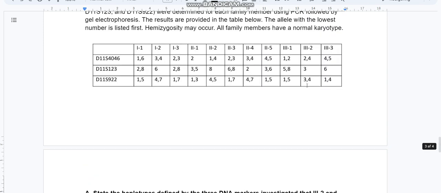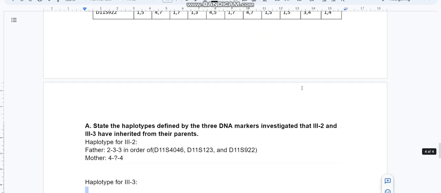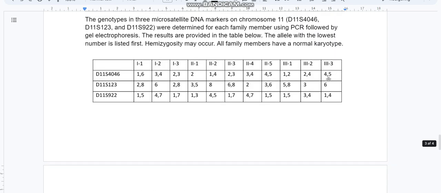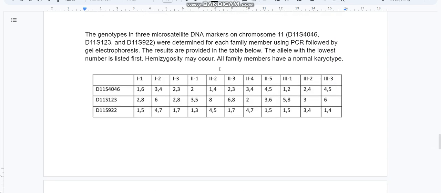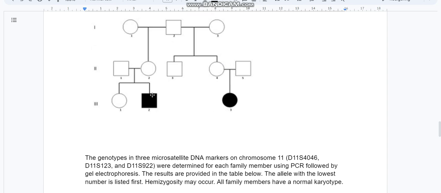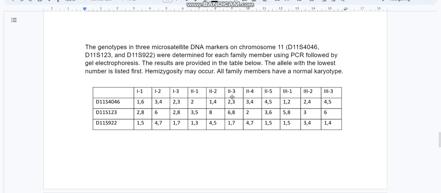Then what about this guy right here? So let's first look at the father. So the haplotype for the father, right? Of course, let's look at him. This is the guy we're talking about in generation 2-4 and generation 2-5. So 2-4, 2-5. So this is the mother, this is the father. So let's look at the father first.